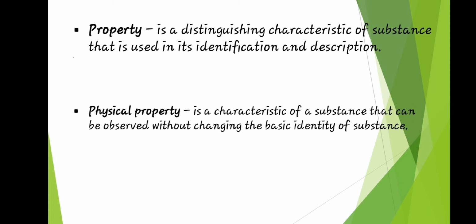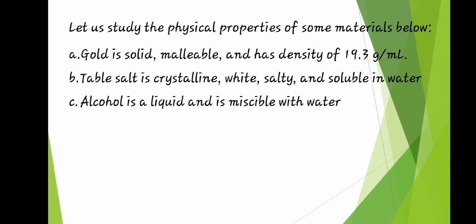Let's explain it further by its examples. Let us study the physical properties of some materials below. As you can see, the examples give the characteristics of a certain matter or substance. Let's say gold. Gold is a solid, malleable, and has a density of 19.3 grams per mL.